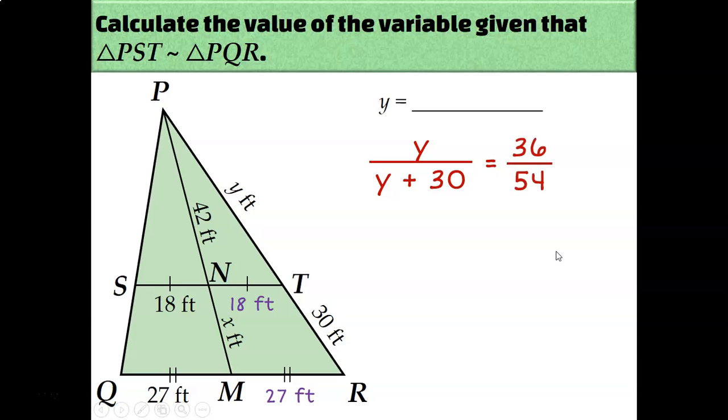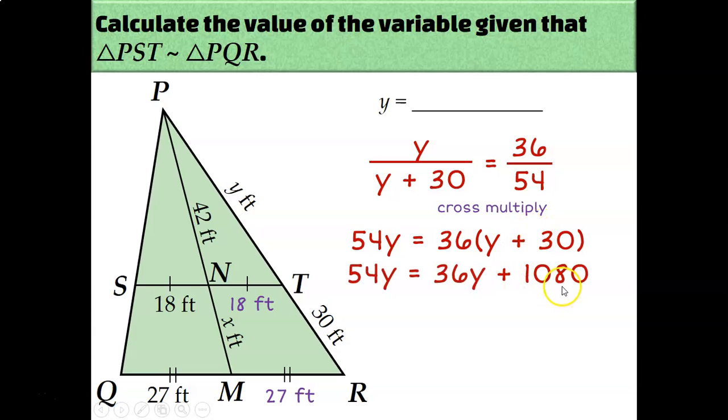Just make sure that you're writing it in a corresponding order. Since I did the smaller triangle on top this time, I need to again put the smaller triangle's number on top for my second ratio. Cross multiply, I get 54y equals, again, don't forget to distribute, 36y plus 1080. Subtract 36y from both sides, and divide by 18, and y is 60 feet.